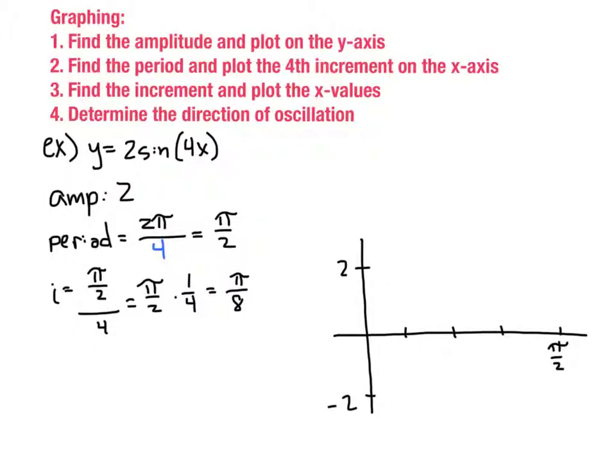Okay, so whenever we're plotting these, we're going to start at 0, and then I'm going to go 1 pi over 8, right? And then we're just going to multiply here. 2 pi over 8 is pi over 4. 3 pi over 8 doesn't reduce. And then 4 pi over 8 should give me pi over 2, which it does, right?